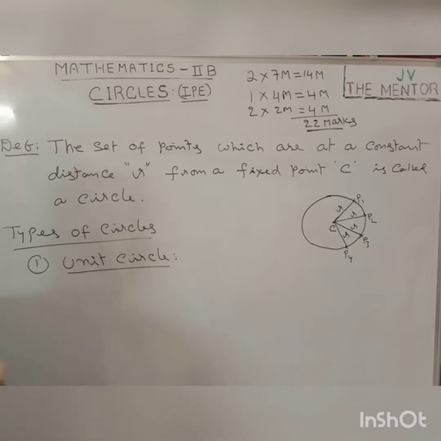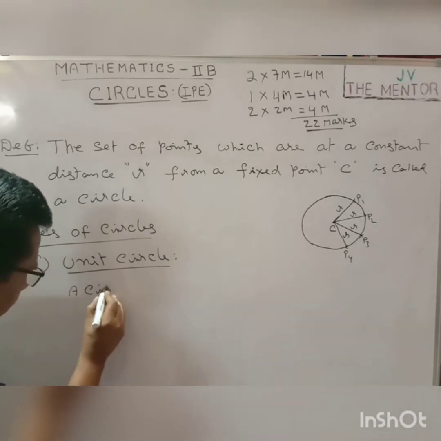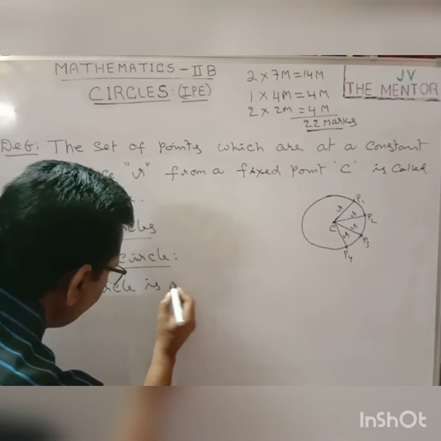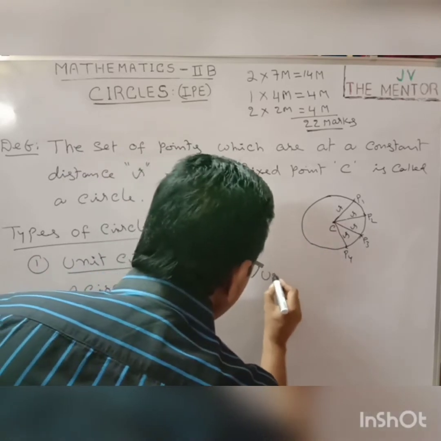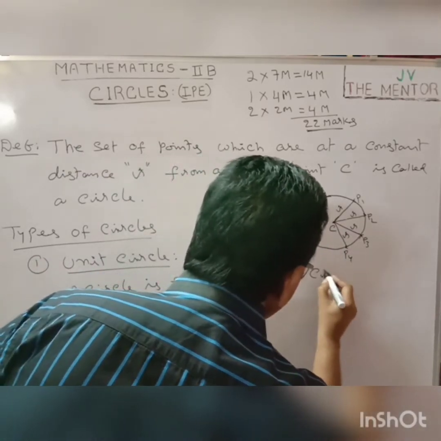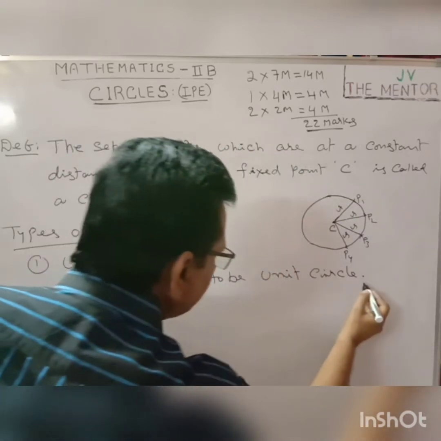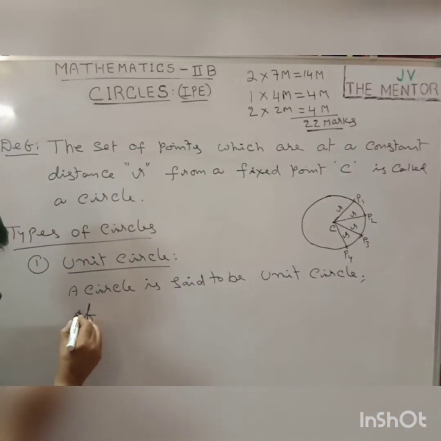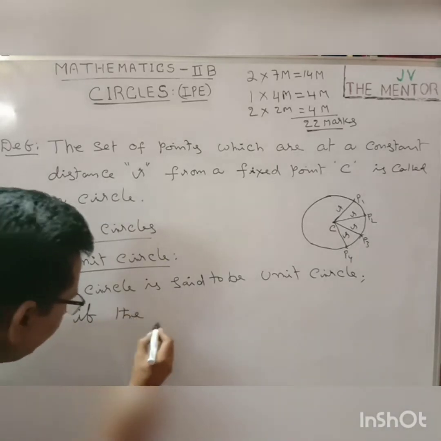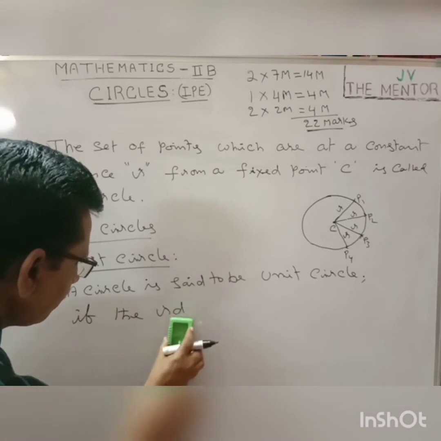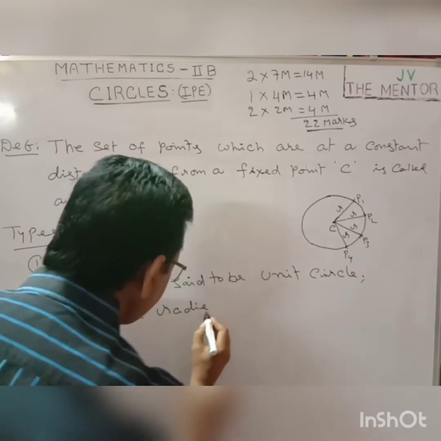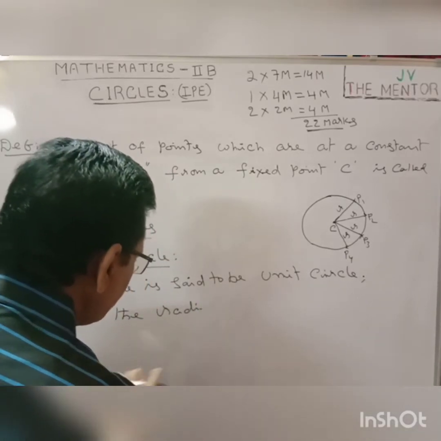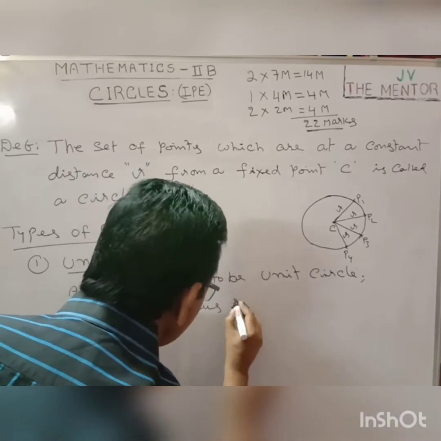A circle is said to be a unit circle if the radius is 1 unit.